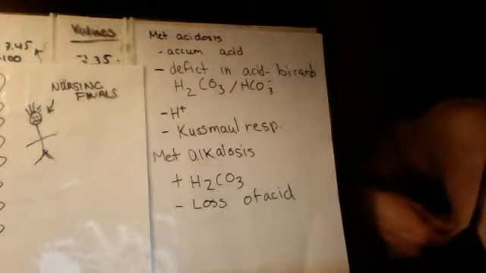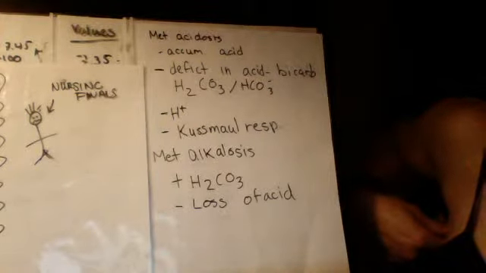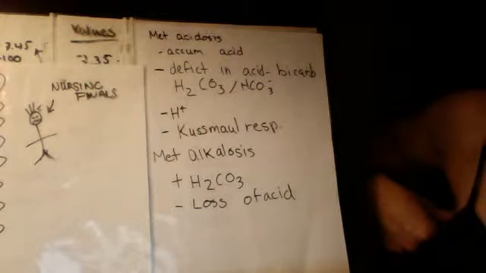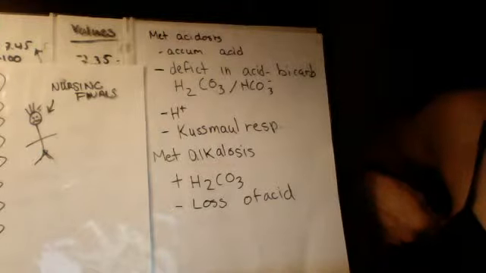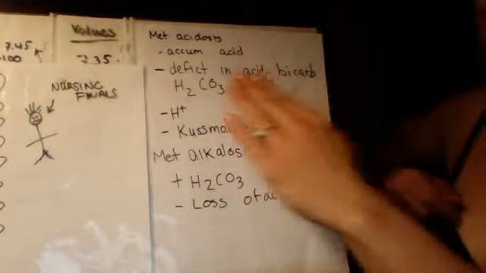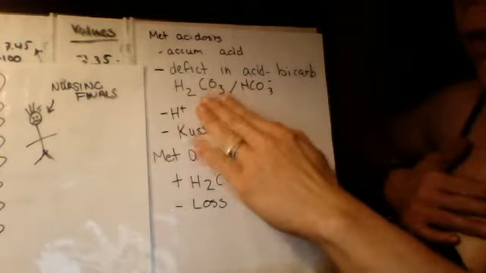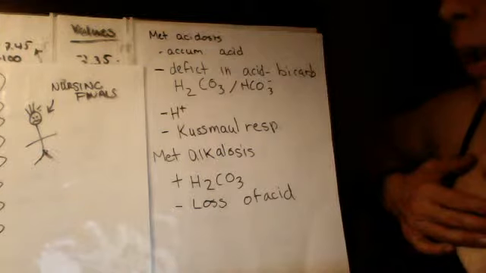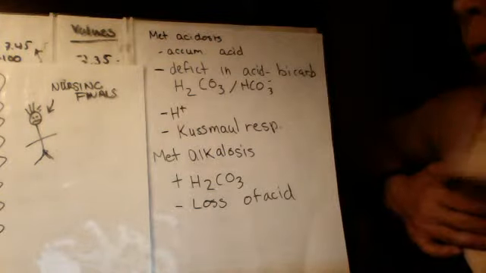The entire bicarb system neutralizes the hydrochloric acid, and that way lowers pH. So that's important. Basically, if we have a defect in that, you're going to have acid buildup in the body, which of course will create acidosis.